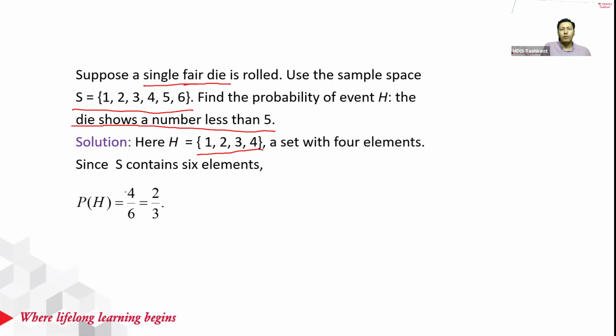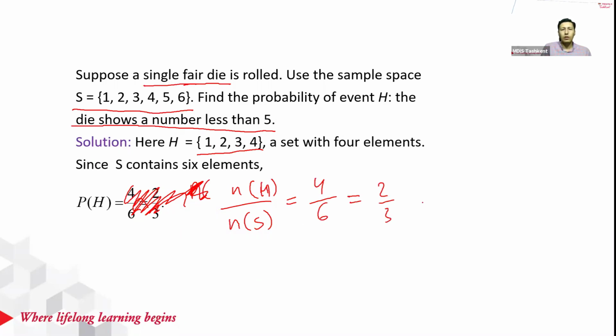So you use the formula, NH divided by NS. NH, how many elements? 4. S has 6 elements, so 4 over 6, which is 2 over 3, or approximately 0.67. There is a 67% chance to get a number which is less than 5.